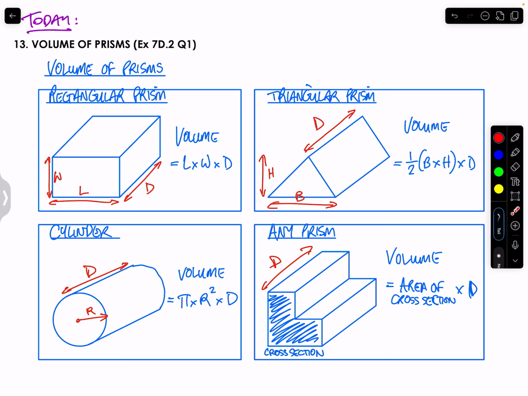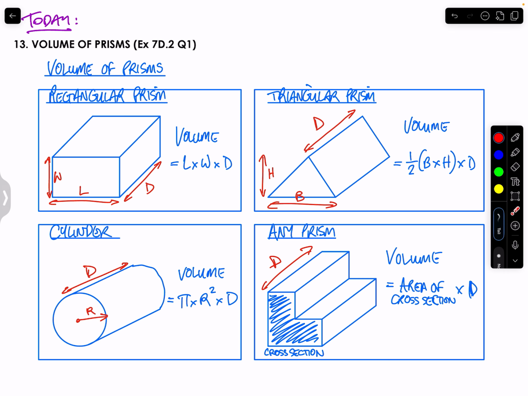Just like this triangular prism here, there's a triangle on the end. The cross-section is a triangle, and I could slice it into that same triangle all the way through from front to back. Same here, a cylinder is a special name for a circular prism. The cross-section is a circle, and I could slice that into a circle from front to back all the way through.